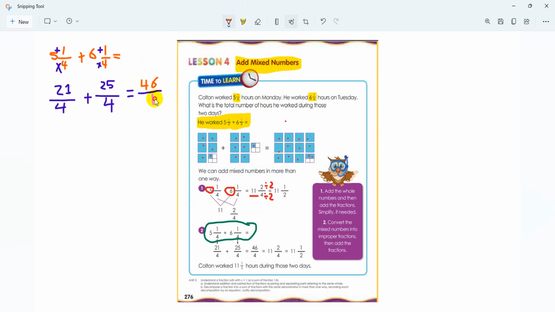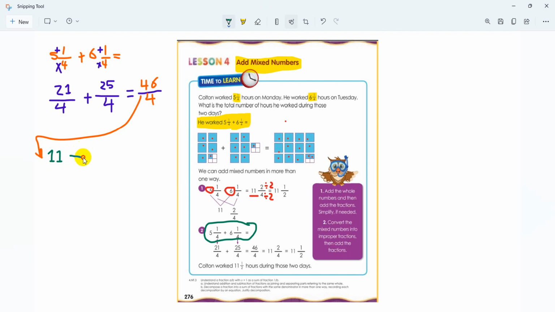Now if we want to convert this, which is called an improper fraction, into a mixed number, we will divide 46 by 4. 46 divided by 4 equals 11, because 11 multiplied by 4 equals 44. But we have a remainder.